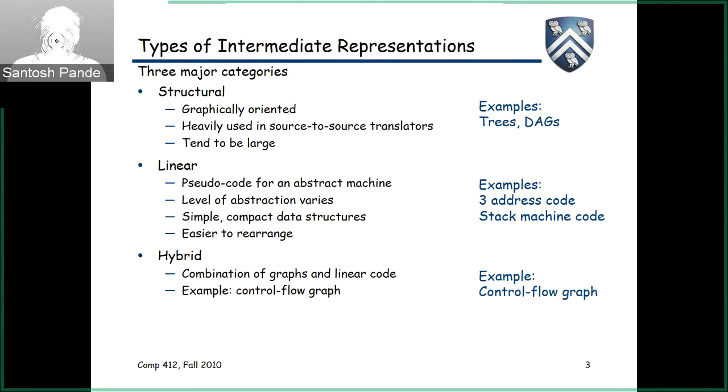The second IR is a linear IR, which is what we have been looking at, a quad or a triple IR. Here it is very suitable for translation into machine code.